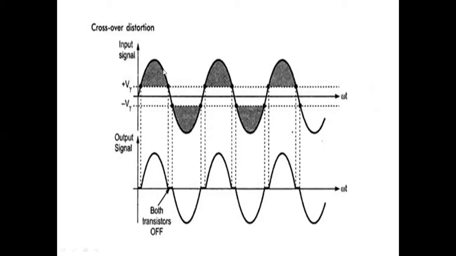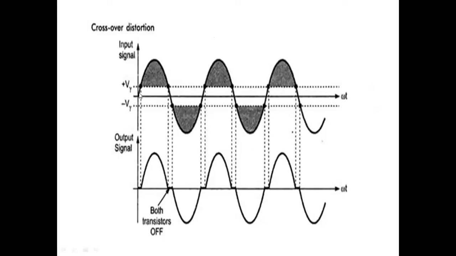Until the voltage at that transistor is greater than 0.7 volts, the transistor will be in off condition only. Whenever the input signal is greater than 0.7 volts, the transistor is on and the output will appear, or the collector current will pass through that terminal.